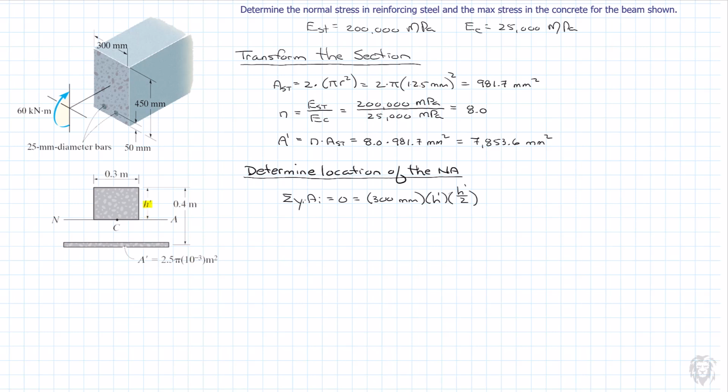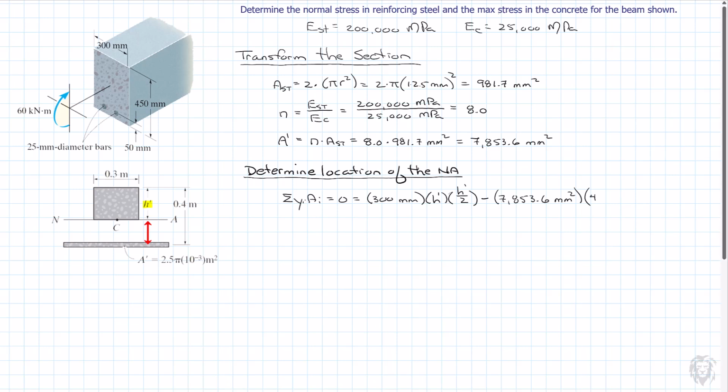And so to that, then we have below the neutral axis, so in a negative distance, we have our area, which was 7,853.6 millimeters squared. And the distance there, if you look at it, is going to be the 400 millimeters, which is the depth, less the distance h prime.